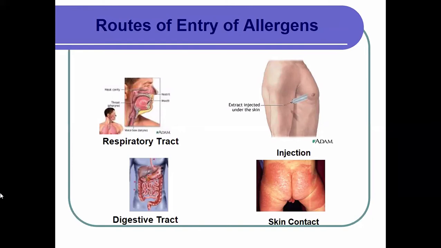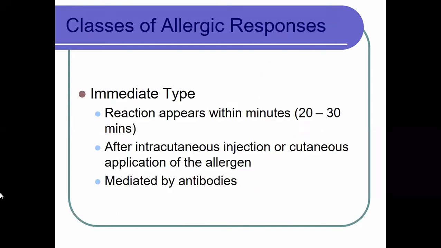Like for example, some of you may have allergic reactions to seafoods or ano pa nga mga pagkaon. And then skin contact, like this one. Maybe this baby had allergic reactions sa diaper. Okay? So those are the routes of entry of allergens.